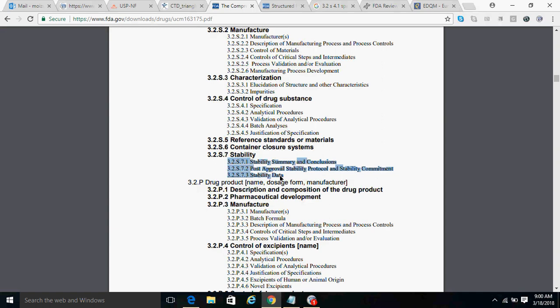We are talking about just the API, we're not talking about the product. So your drug substance, sorry, my mistake, this is how they test it at different temperatures, different months. They check that your stability is good, there is no problem with the drug substance, then they say that your drug.